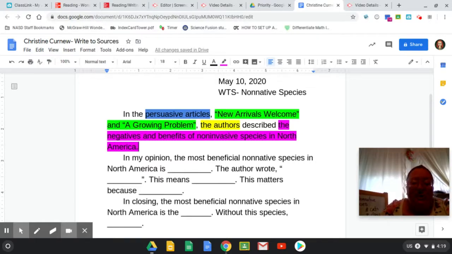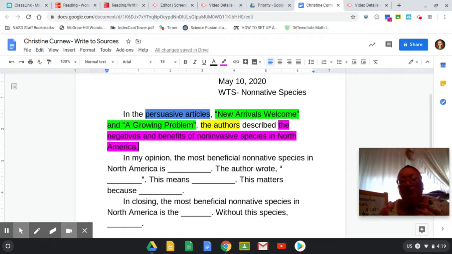So in closing, the most beneficial non-native species in North America is the olive. Without this species, people wouldn't have jobs. People would have sad pizza without the delicious flavor of these delightful olives.